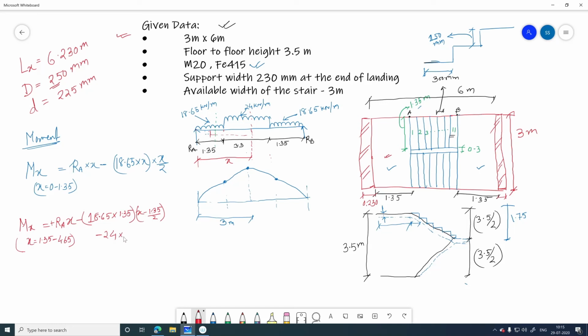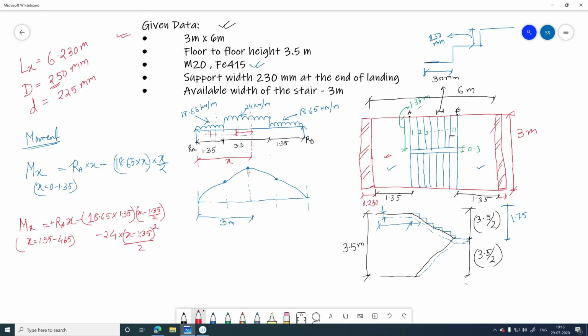So 24 into (x minus 1.35), then only we can get this length, keeping it in brackets, and the load is acting at the CG point, from the CG distance, that means the center point over here and this particular distance. So that will be (x minus 1.35) by 2, because x minus 1.35 is this total length here, so we can write here square and by 2. So this is the equation where the x value ranges from 1.35 to 4.65.